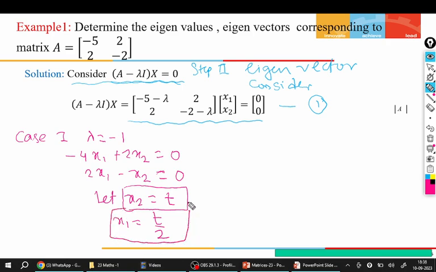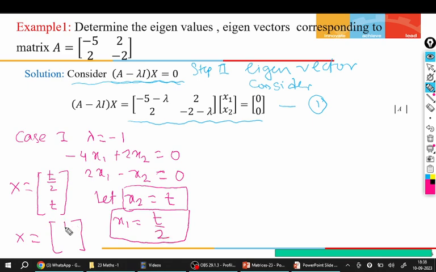So our eigenvector x for lambda equal to -1 is, remember, x1 is t by 2, this is the first component, and x2 is t. So this is the general eigenvector, but always we have to write down at least one non-zero eigenvector. So never put the value of t as 0. So replace t by any non-zero value. The best value to replace in this case is this denominator. I will replace t by 2.